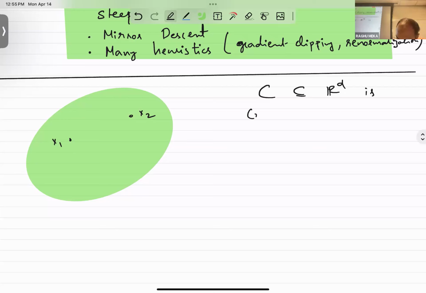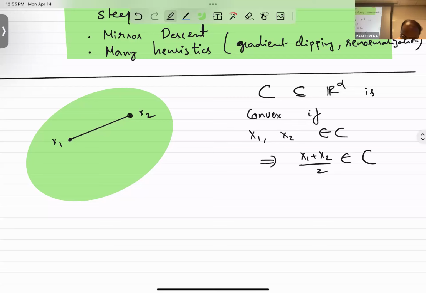A set C is convex if x1, x2 belonging to C implies that the line segment joining them is also in C. So this is a convex set. Whenever I join any two points inside the set, the line segment connecting them is completely inside the set. Okay, that is convex, whereas this is not convex. If I connect this point here and this point here, the line segment is going outside the set.